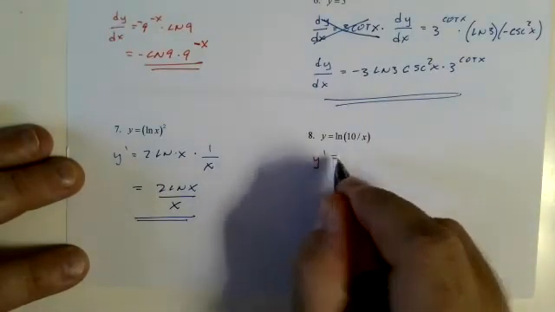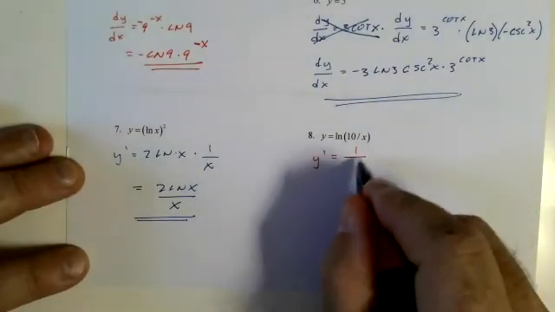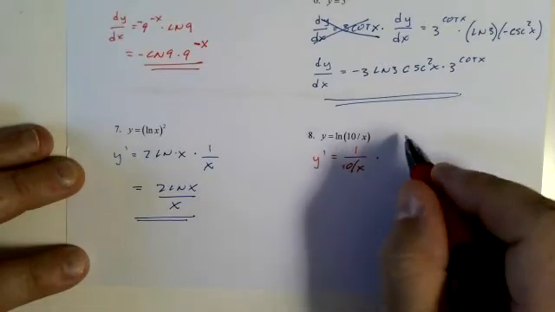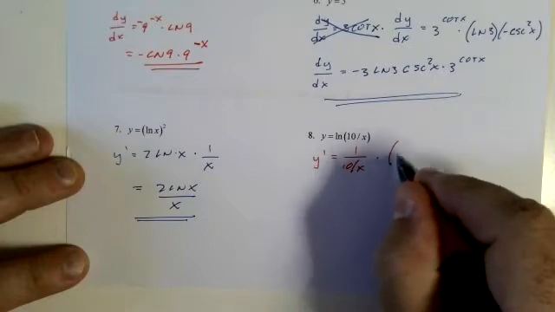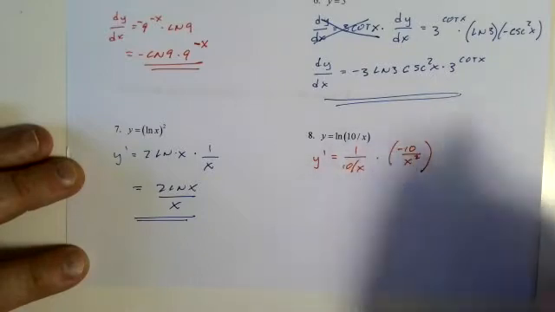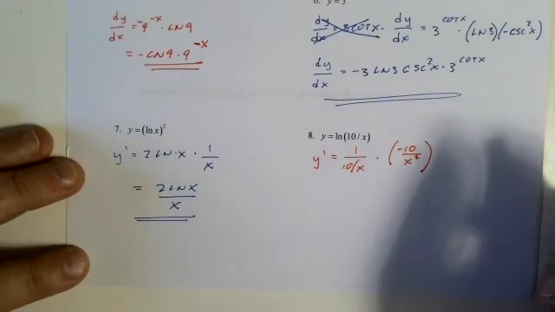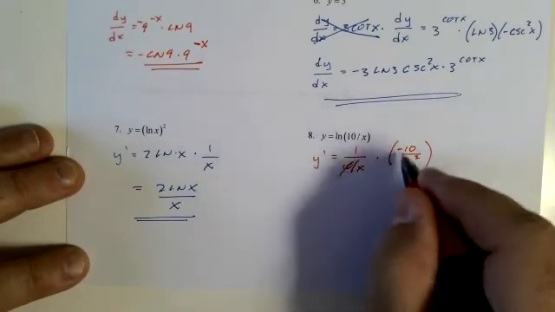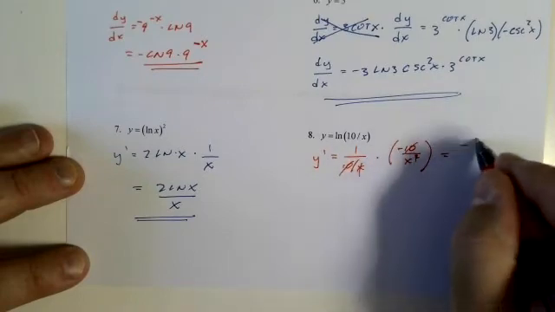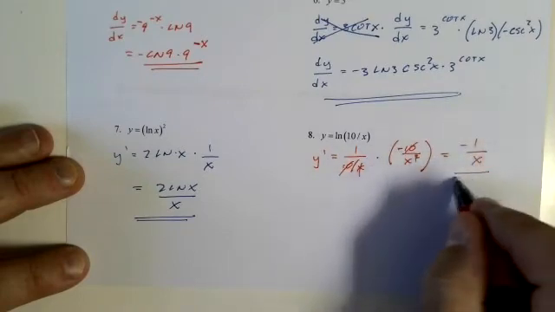Y prime equals 1 over 10 over x times, that's x to the negative first, so negative 10 over x squared, which is basically 10 x negative 1 over x.